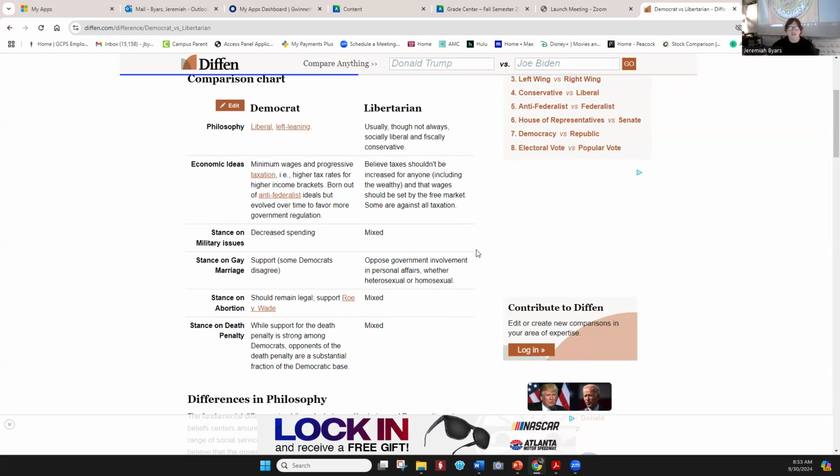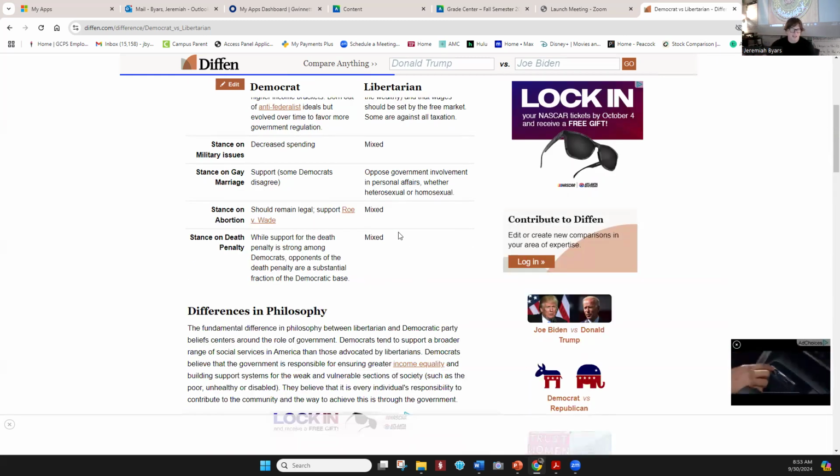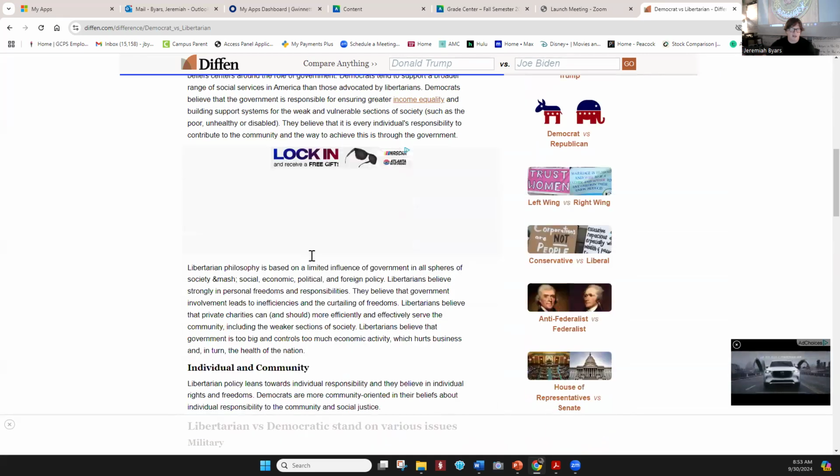Some say yes, gay marriage should be legal, but then others claim that making something legal or illegal is government involvement, and so therefore nothing should be done at all. Which is kind of, I mean, interpret that how you want to. Okay, I won't get into that. Anyways, so it tells us the differences between Democrats and Libertarians.